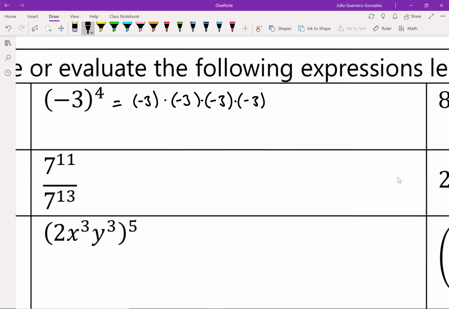My final answer is going to be positive or negative? It's gonna be positive. Right, this is going to be positive because a negative times a negative makes it positive, times another negative makes it negative, another negative makes it positive. So our final answer now is going to be 81. Got it? Yes, sir. All right.